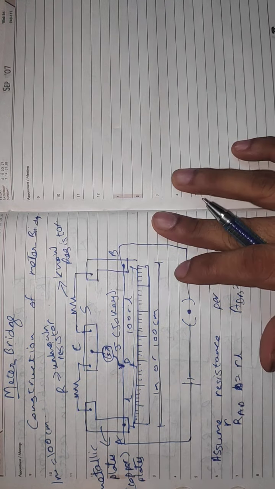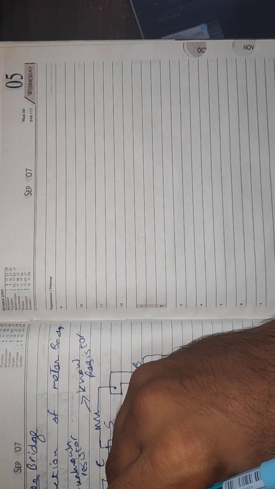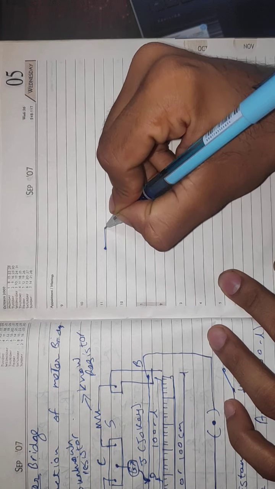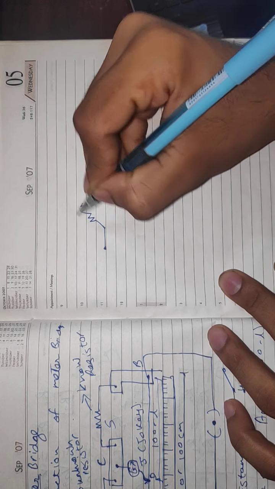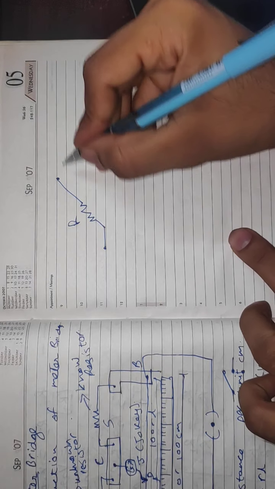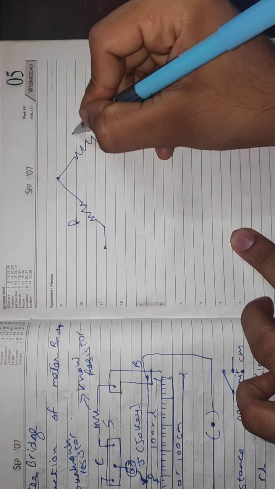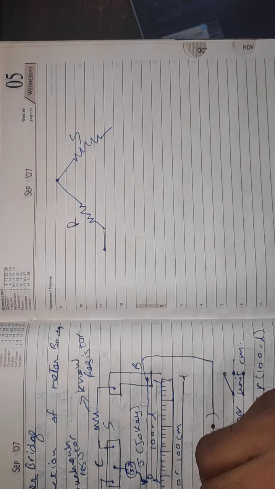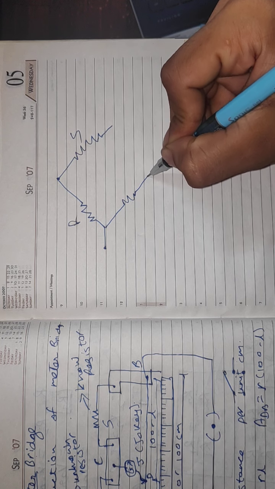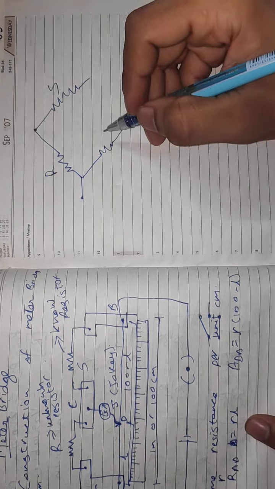Okay, so let me make an equivalent Wheatstone bridge circuit. First of all we'll start from here. It is this unknown resistor R. Then we have known resistor S, then it is this L, let us say what it is, R L for AD.